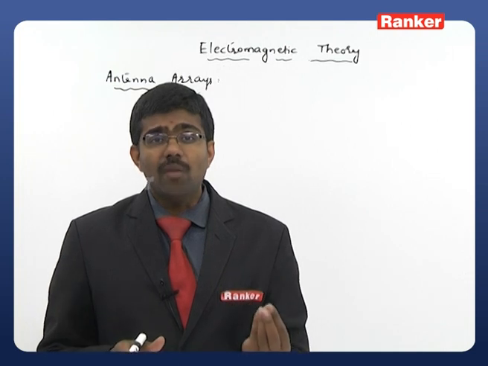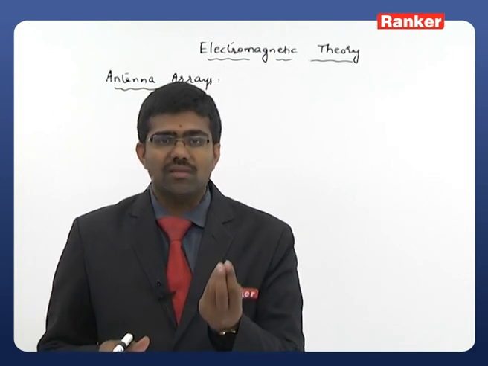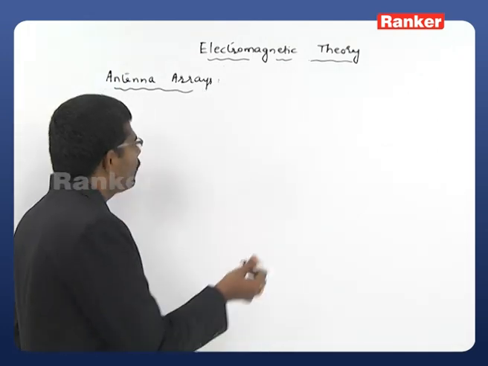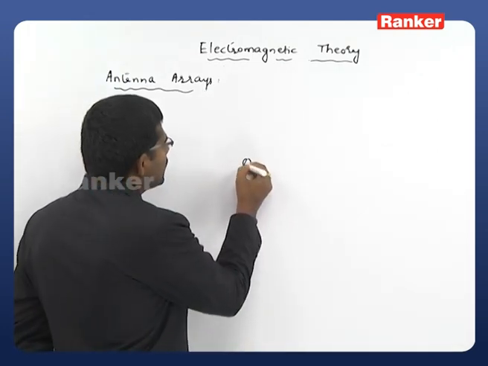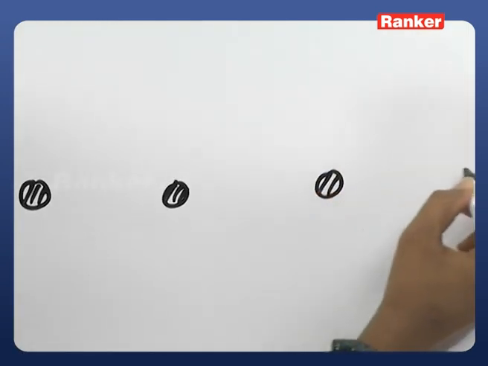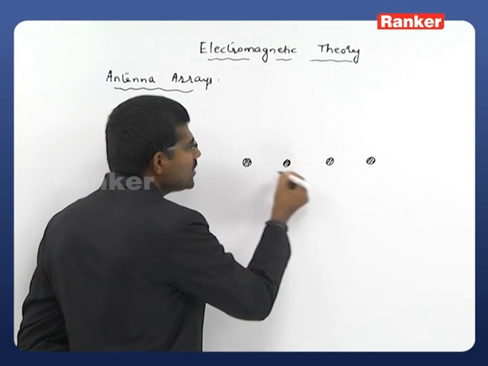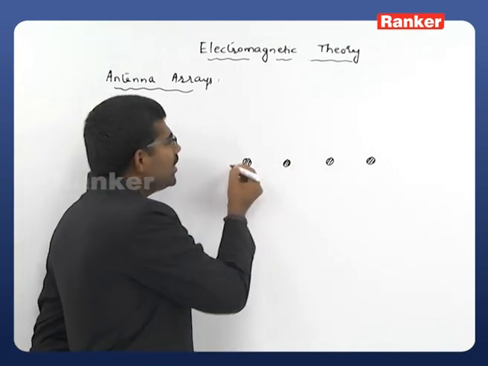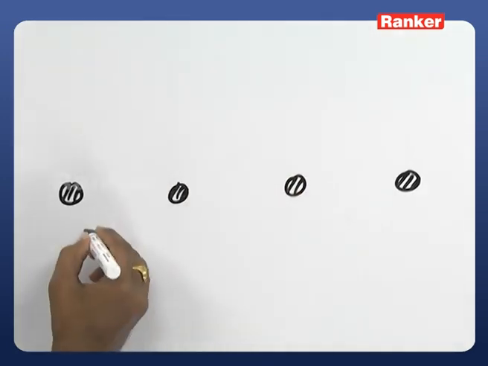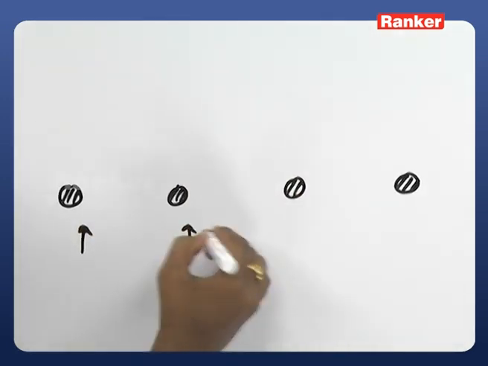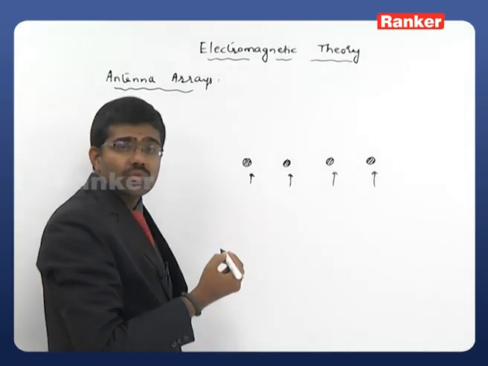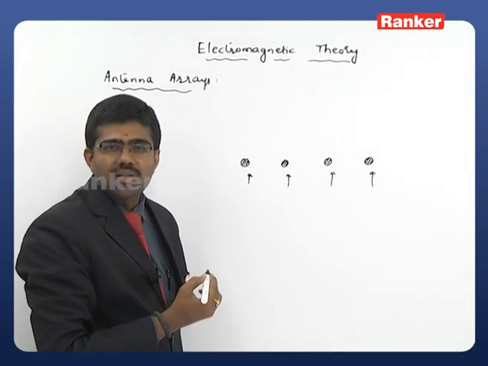Then, what is the amplitude we are feeding to the antennas? Let us consider as an example a 4 element array: this is one element, a second element, a third element and a fourth element. Element means antennas. This is a linear array, and the amplitude you are applying to each individual element or antenna also describes the resultant radiation pattern.